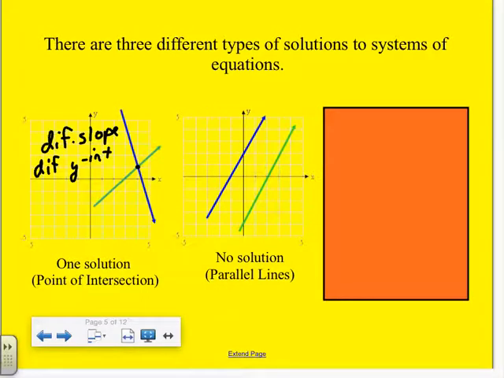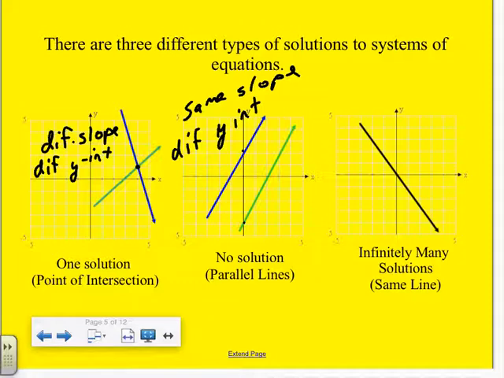For this one, no solution, parallel lines. If some of you can remember, parallel lines have the same slope. You can see here, they have different y-intercepts. Now, the last one is going to be infinitely many solutions, same line.